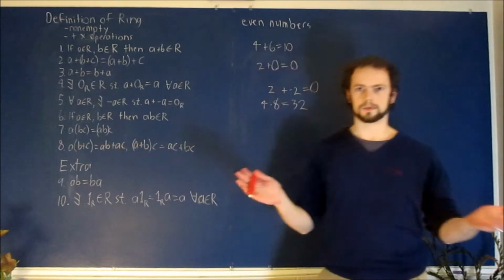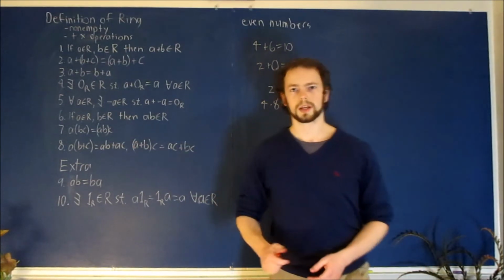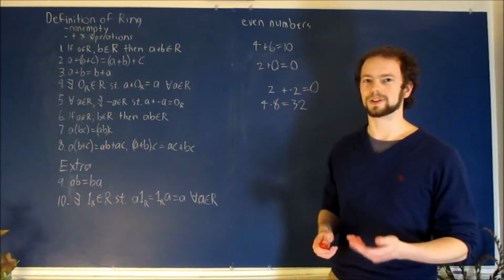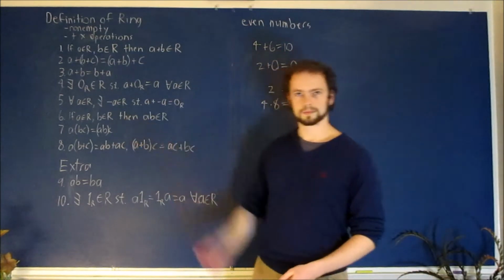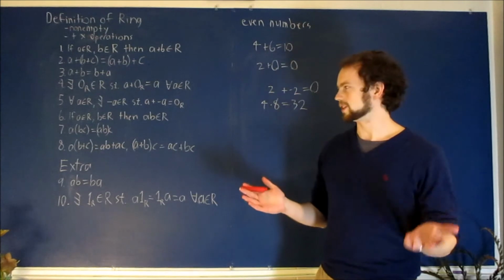7, multiplication is going to be associative for even numbers. We already saw before that it's associative for all integers, so it's not going to fail for the even numbers. So 7 holds. Last one, number 8. Basically the same deal here.